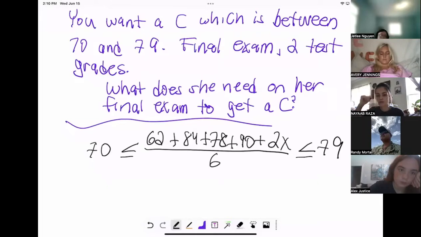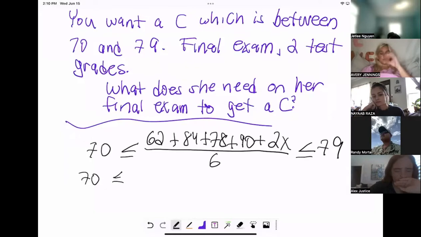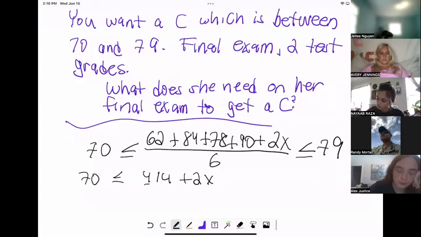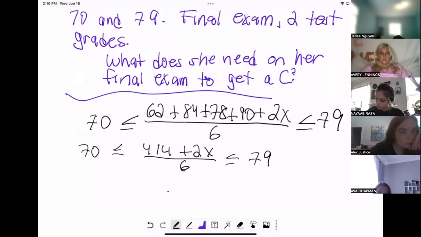Okay, so we are going to add up all these numbers on the top. So 70 is less than or equal to, I'm going to add them up real quick. I did it earlier. I got 414 plus 2x over 6 is less than or equal to 79. Okay, so now how do we solve for x?